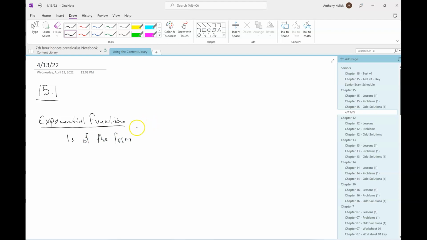Exponential functions are of the form f of x is equal to a times b to the x, with the constraints that a is not 0, b is positive, and not equal to 1. Let's take a moment and discuss why we have all these additional constraints here.